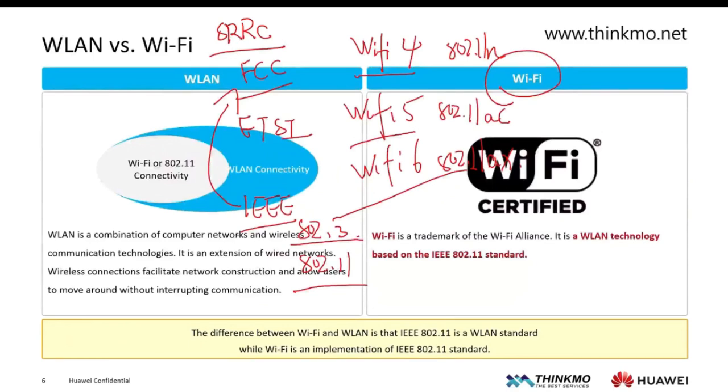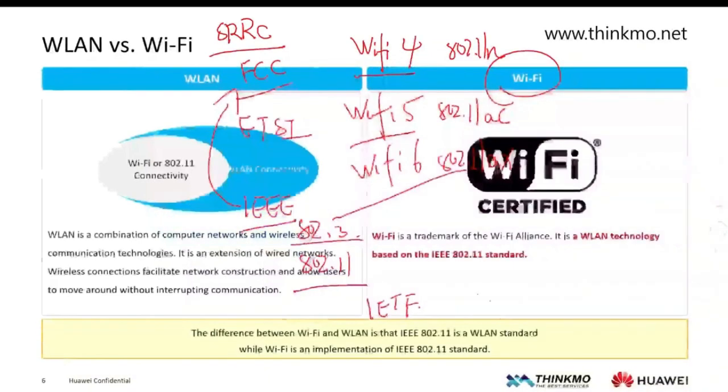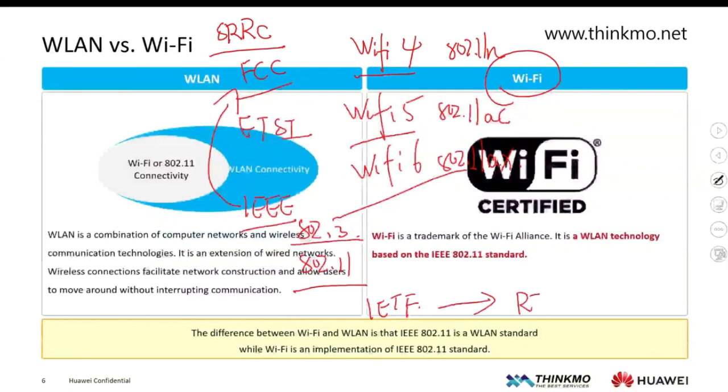Besides the IEEE, there's another very important organization called the IETF. This is the Internet Engineering Task Force. Exactly. They published RFC documents that define many network protocols.